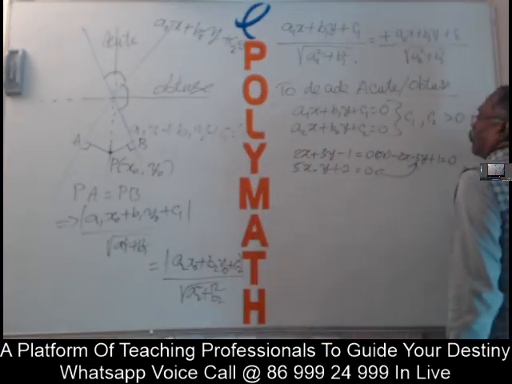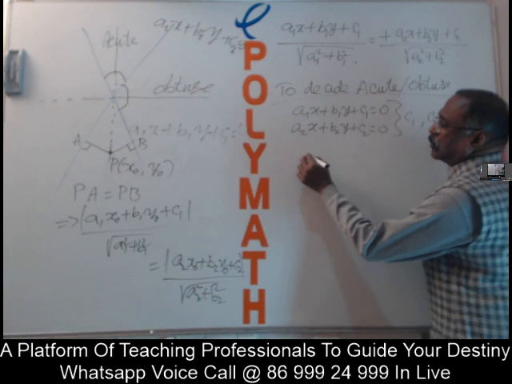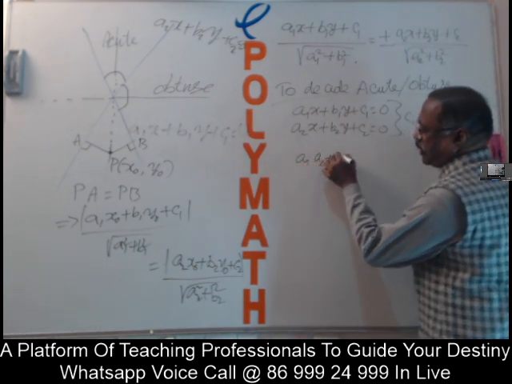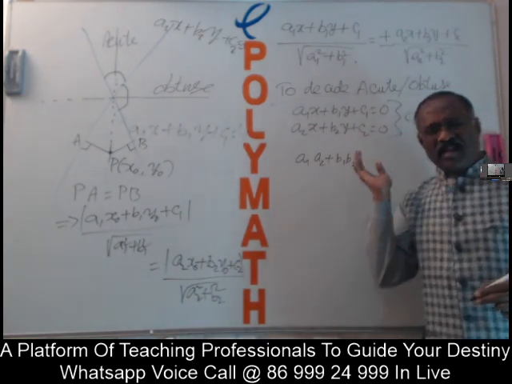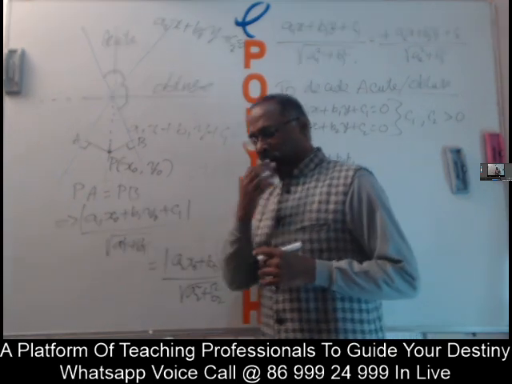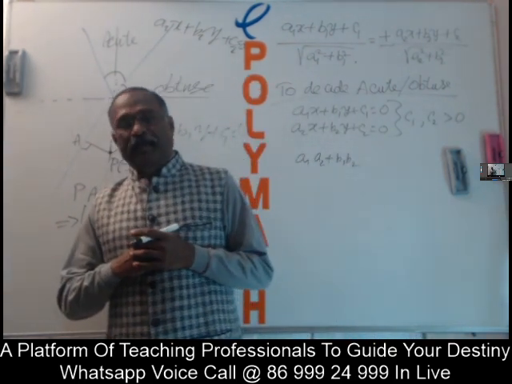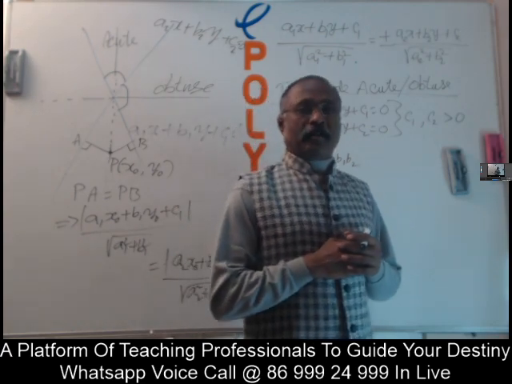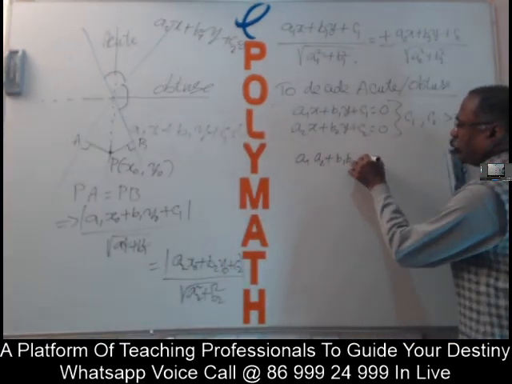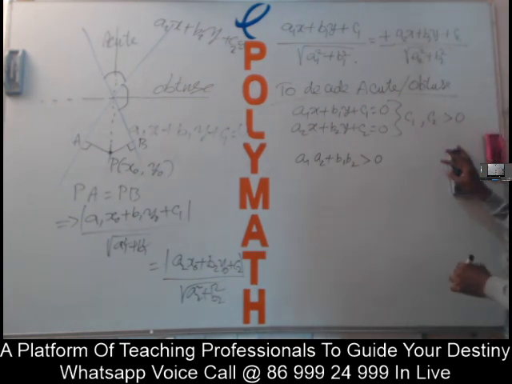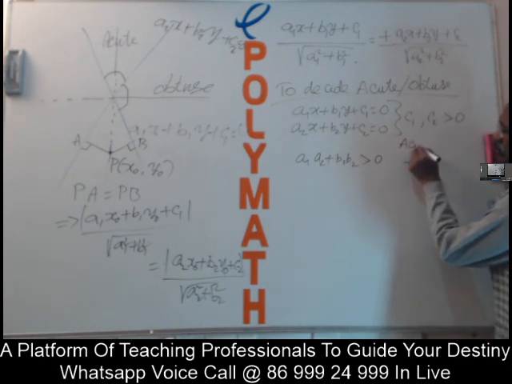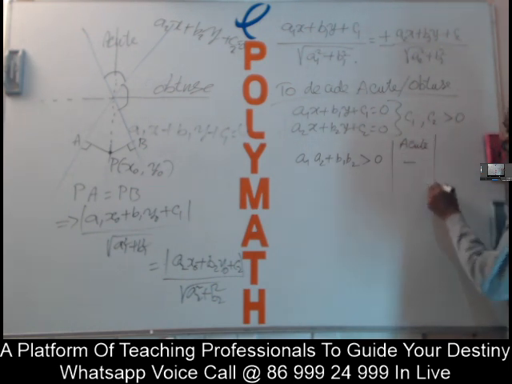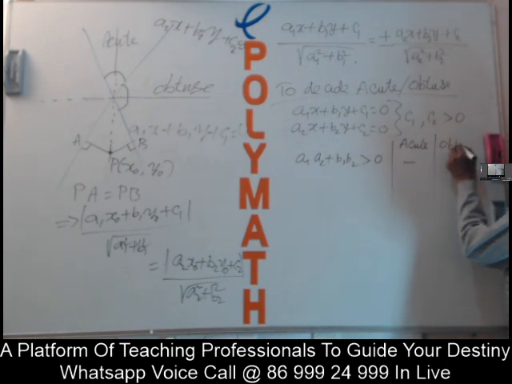Then, for acute angle bisector or obtuse angle bisector, you have to always find out the value of A1, A2 plus B1, B2. There is a proof for it, we don't need it. If A1, A2 plus B1, B2 is greater than 0, then minus gives you acute angle bisector and plus gives you obtuse angle bisector.